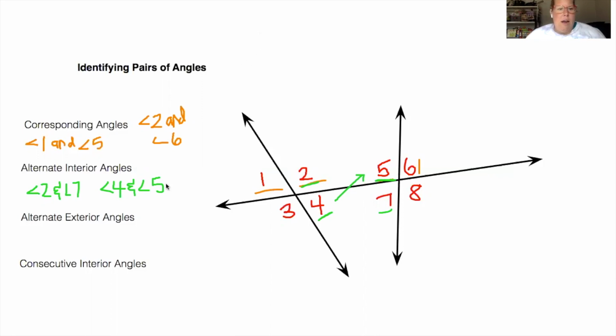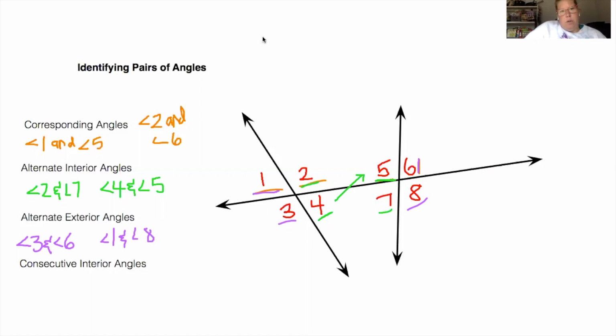For our alternate exterior angles, we have 3 with 6, because 3 is on the opposite side of 6, on the outsides of the lines, not the insides, the outsides. And then we have angle 1 and angle 8. Okay, they're outside and opposites.